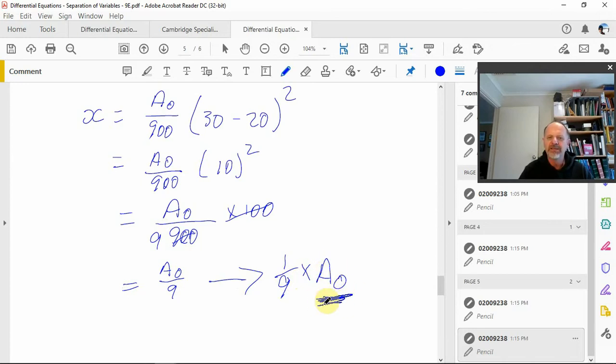Remember, A0 is the amount we started with, and the question's asking what fraction remains. If we started with A0, after 20 minutes the amount that we've got, x, is 1/9 of that. And so how much of the original remains? 1/9 of the original.